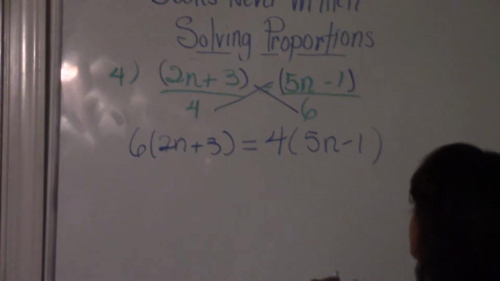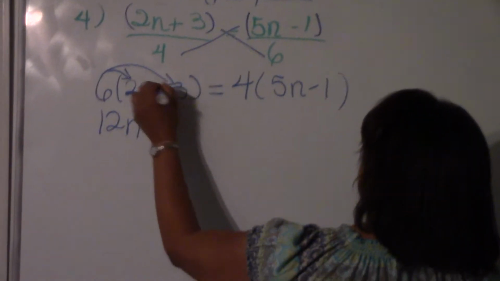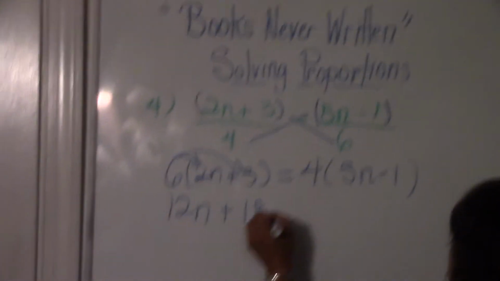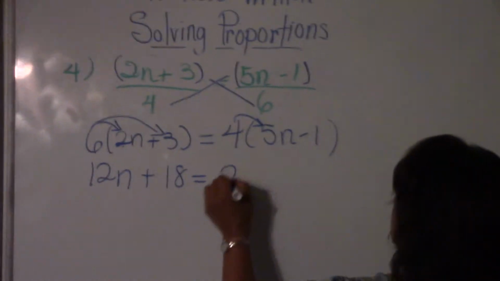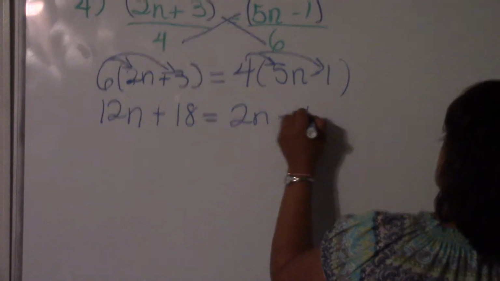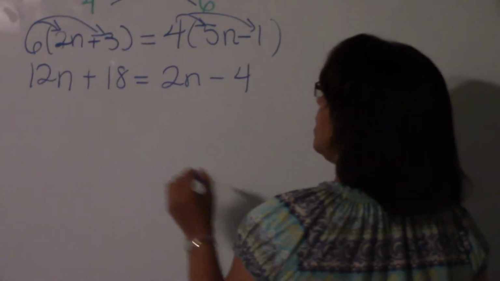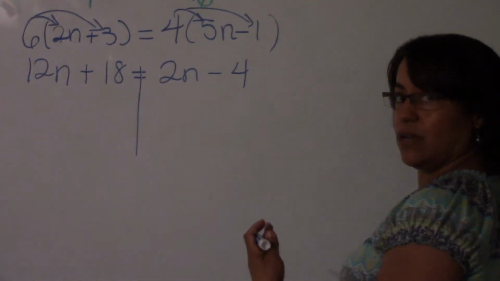Now we work it out. 6 times 2 is 12n, plus 6 times 3, which is 18. 4 times 5 is 20n, minus 4 times 1, which is 4. Because right here we had a minus sign, that's why we did that. Now we're going to move stuff from one side of the equation to the other.